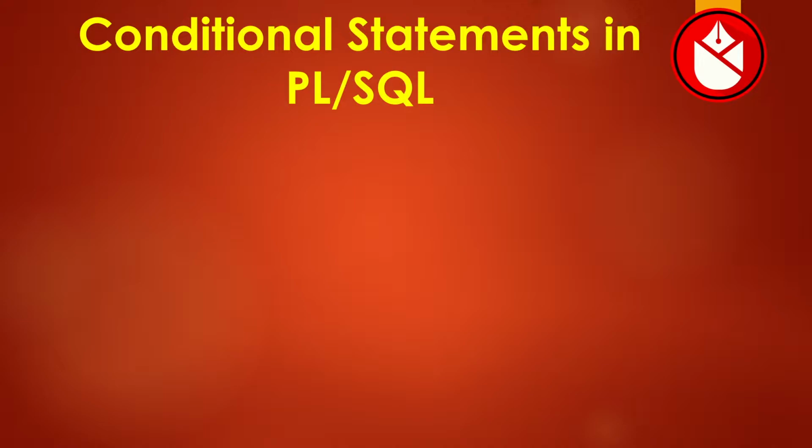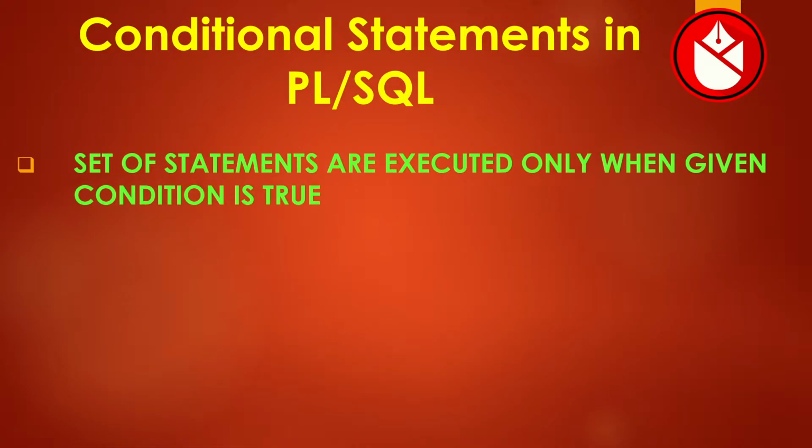Previously, when we were executing the block of PL SQL, it was executed line by line. But if we want to execute only some of the lines when some condition is true, we use the conditional statements. A set of statements is executed only when the given condition is true.